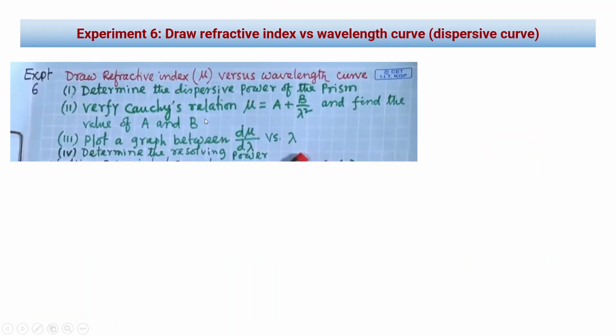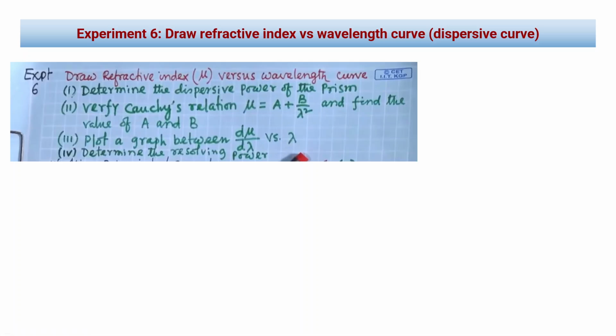And then this was one more experiment, in which we had to draw the refractive index versus wavelength curve. Again, here we are using a spectrometer, and this refractive index versus wavelength curve is called the dispersive curve. There were several steps; for details, please watch the video. When we plot this graph, we further had to find the dispersive power, using the formulas that we have discussed.